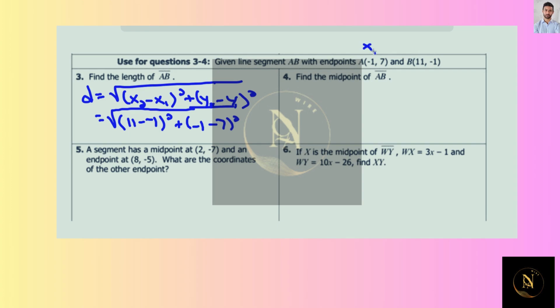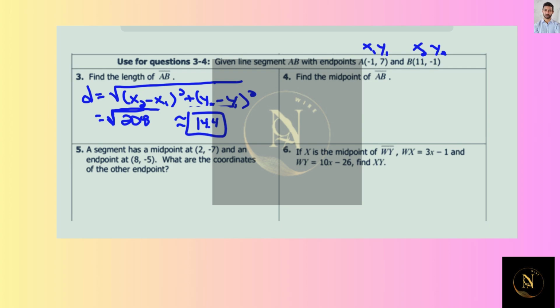Again, that would be x1, y1, x2, y2. 11 minus -1 is 12, and 12 squared is 144. -1 minus 7 is -8, squared is 64. 144 plus 64 is 208. So we get the square root of 208 exactly, or approximately 14.4.